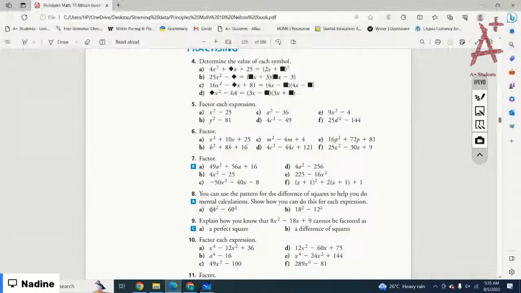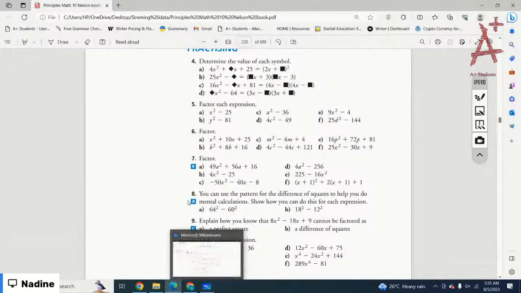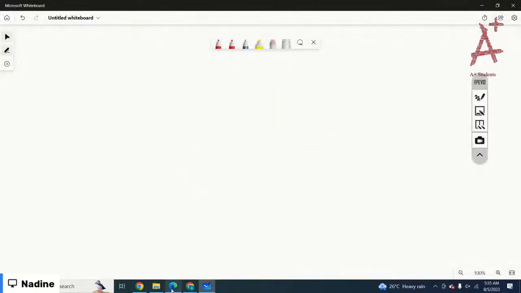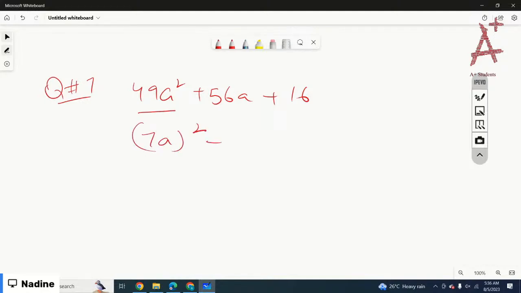Let's just start with question number 7. 49a square plus 56a plus 16. 49a square, this is the square of 7a, and 16 is the square of 4.